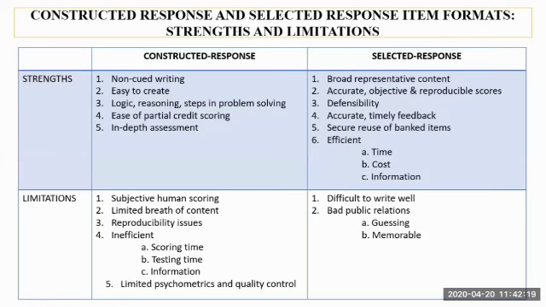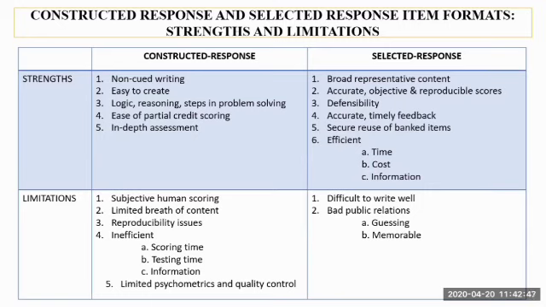Constructed response and selected response item formats, strengths and limitations. For constructed response, the strengths are: first, non-cold writing; second, easy to create; third, logic and reasoning steps in problem solving; next, ease of partial credit scoring; last, in-depth assessment.